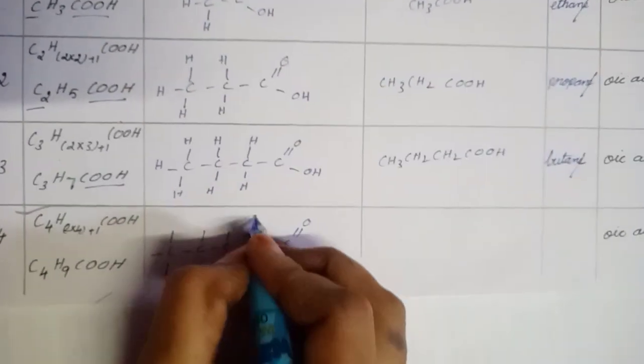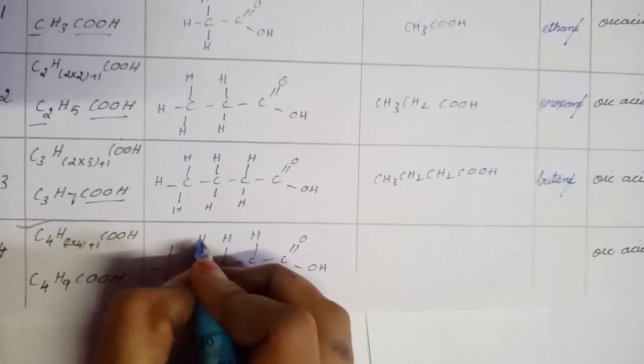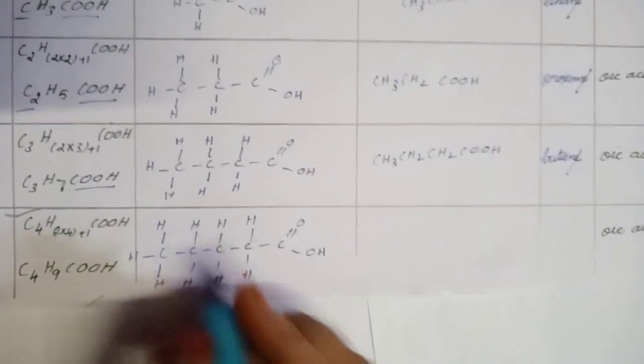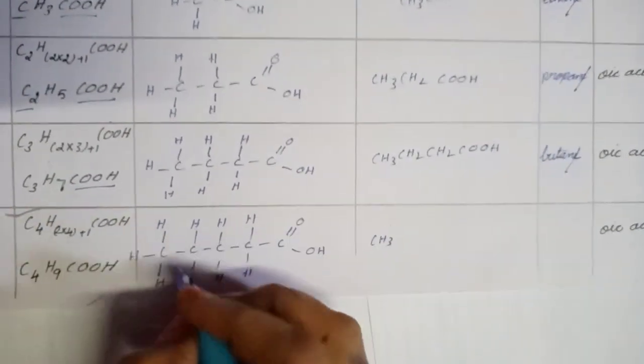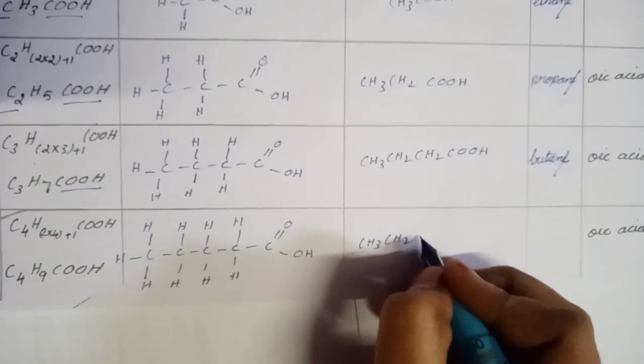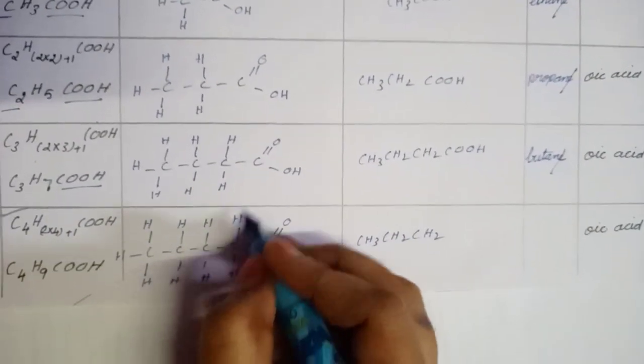This is the framework completed. This is the place for hydrogen, then we add the hydrogen here. Next we convert into the condensed form: CH3 CH2 CH2 and CH2.